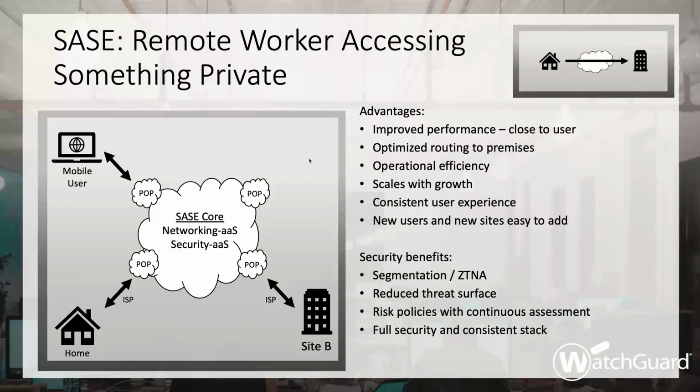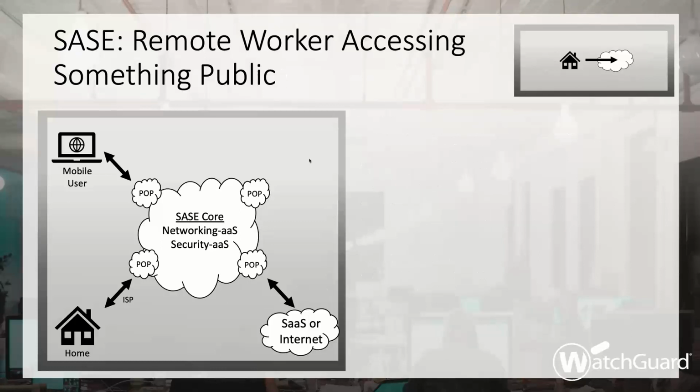And again, I have this nice consistent stack of security services. So they're getting the same security when they're VPNing in as they did when they were in the office. Good, consistent security.